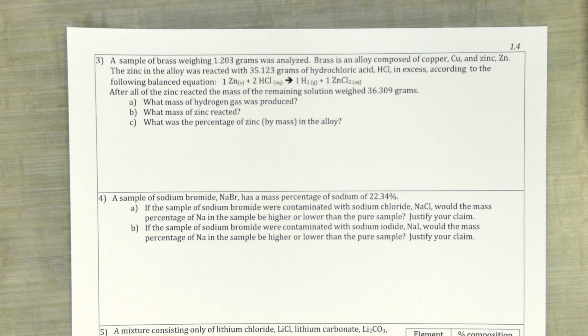All right, number 4, you're reading A and B and you have to justify the percent of sodium being higher or lower in that sample of salt, and then sodium in sodium iodide. You've got a sample of sodium bromide that has a mass percentage of sodium of 22.34. Well, how do you get that?